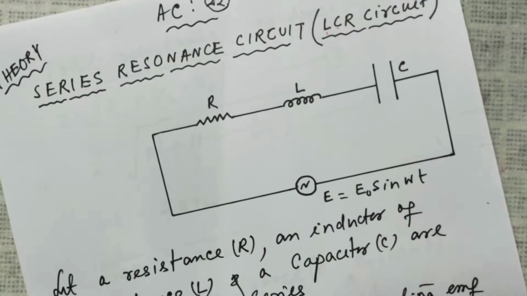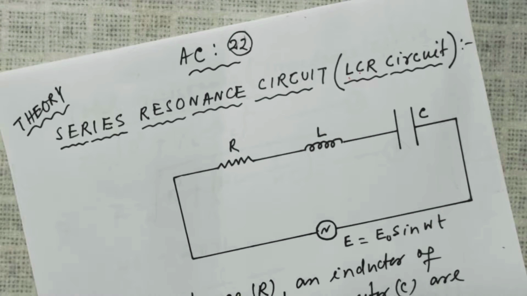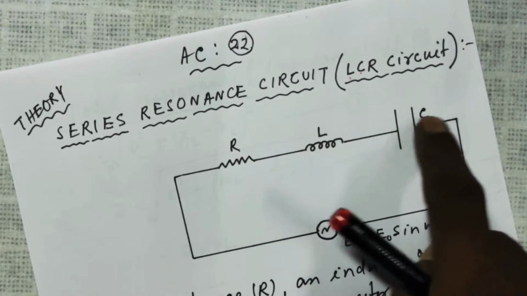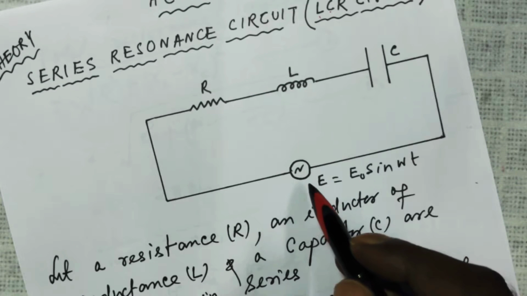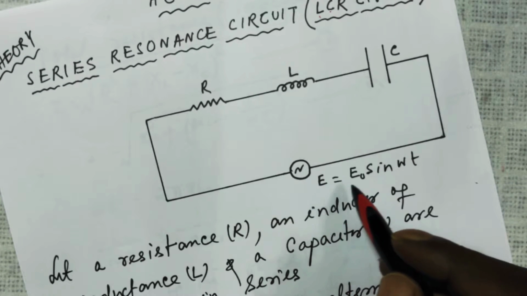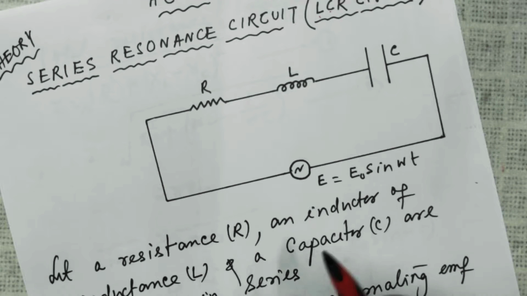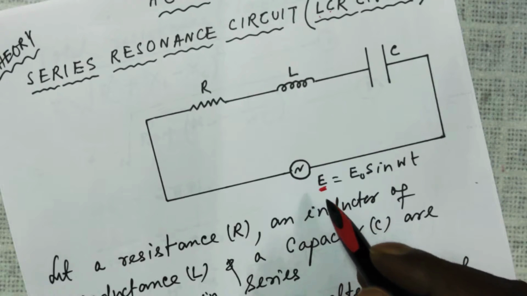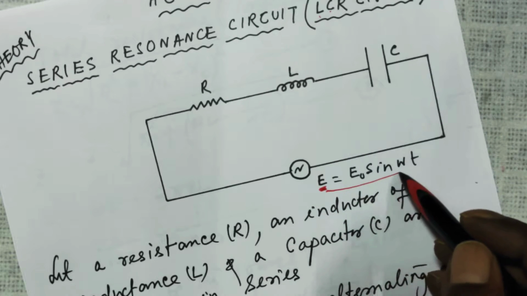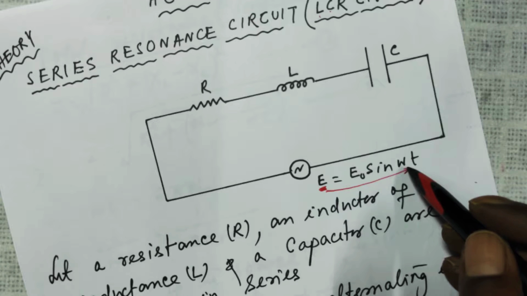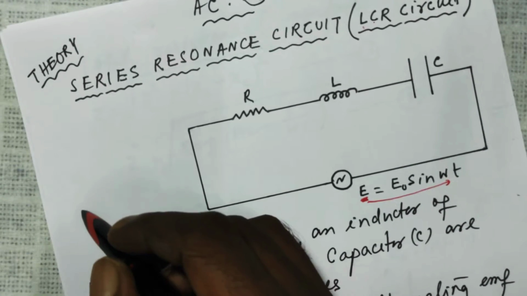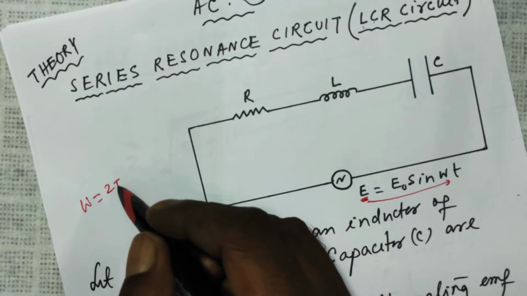Now, we have discussed in the previous lessons the series LCR circuit connected to an alternating source of EMF, E is equal to E naught sine omega t. The value of this E is changing with time, and this omega is equal to 2 pi nu.